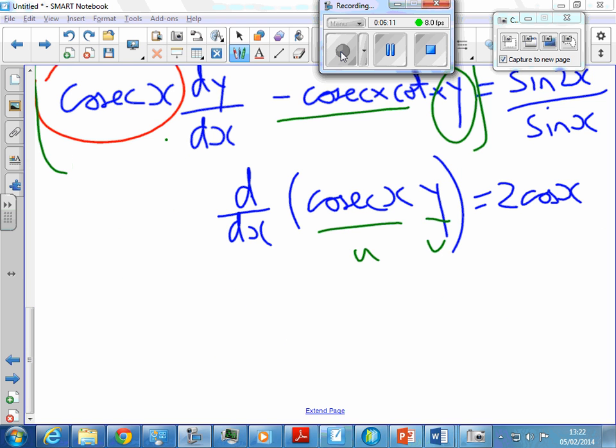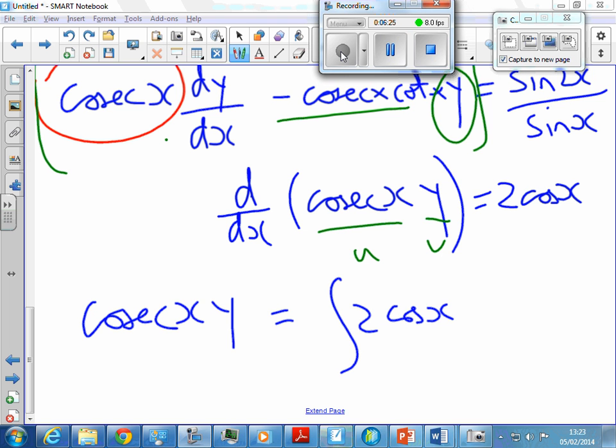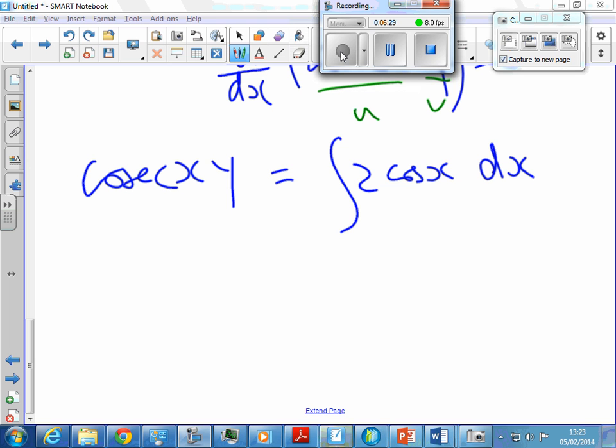So the next step, therefore, if I integrate both sides, on the left-hand side of my equation, I'm left with cosec x y is equal to the integral of 2 cos x dx. So cosec x y, now the integral of 2 cos x is simply 2 sine x.